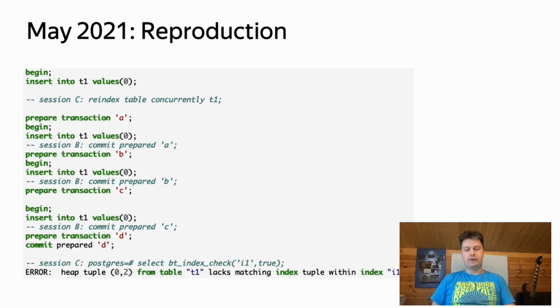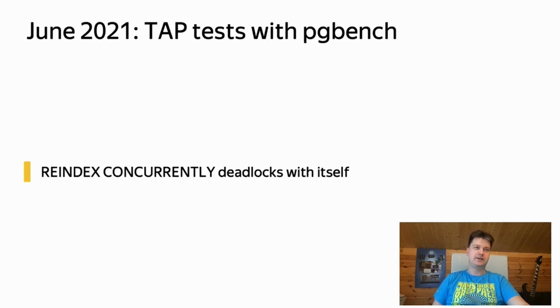The first idea of where to go was to create TAP tests, parallel tests for this, so that we could randomly test the CREATE INDEX CONCURRENTLY implementation on the build farm.